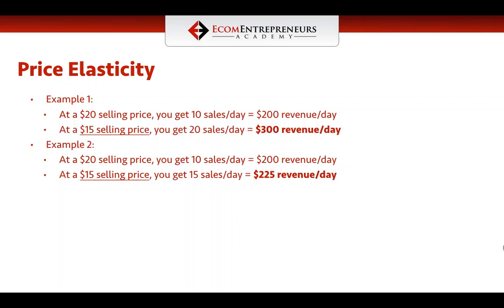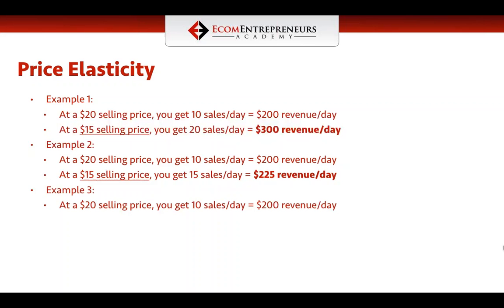If your primary goal, on the other hand, was to maintain a premium brand, a high price, and you're okay with not making an additional $25 revenue a day, then of course you would go with the first one, all right? But the point is that you will never know unless you actually test your price and you test price elasticity.